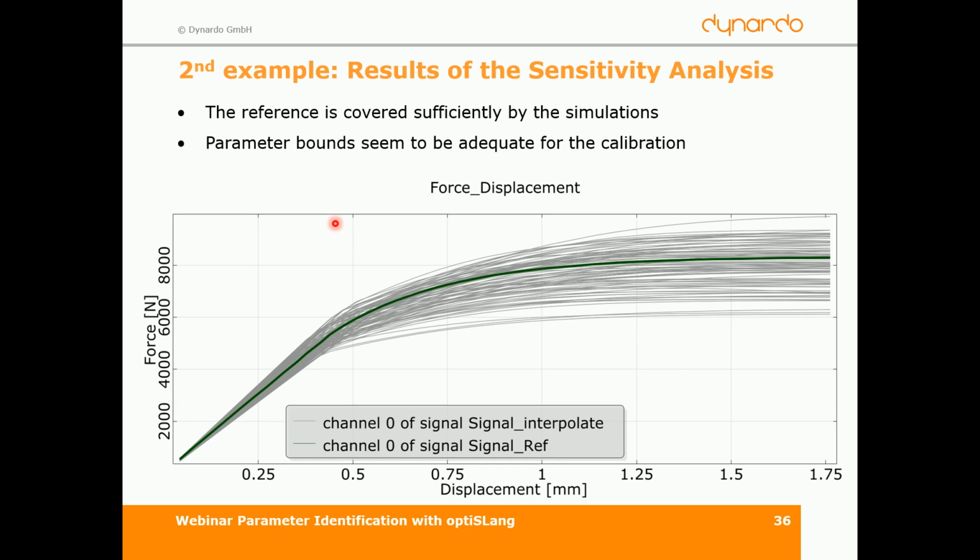After finishing the sensitivity analysis, you can have a look at the results, and you see here the signal plot of this force displacement curve. In green you see this constant reference curve, and in gray you see all the simulation curves coming from the design points, and we see we have some full envelope of the reference curve.